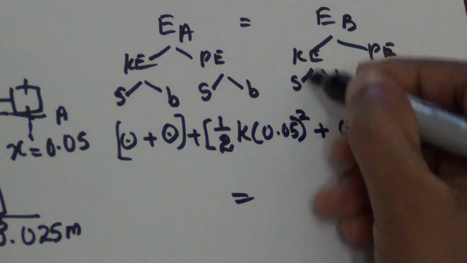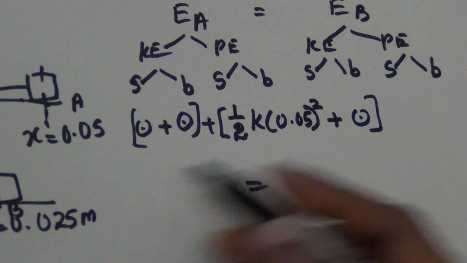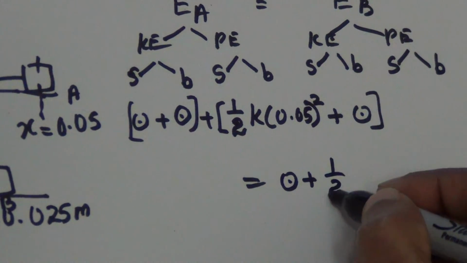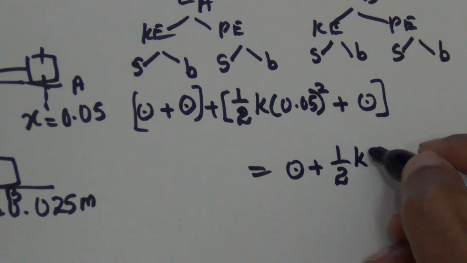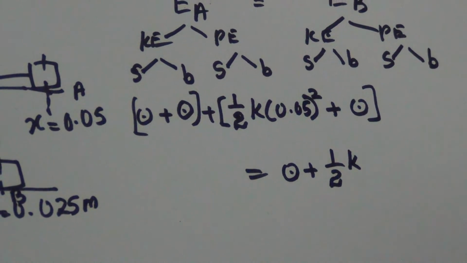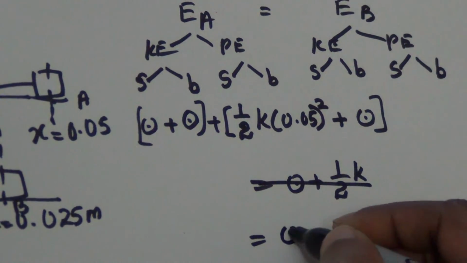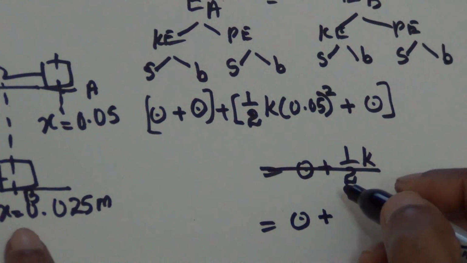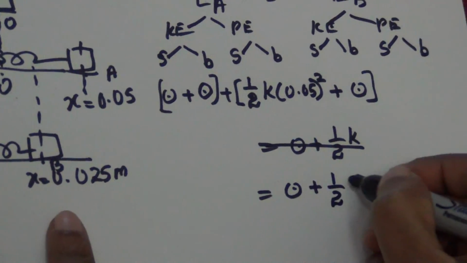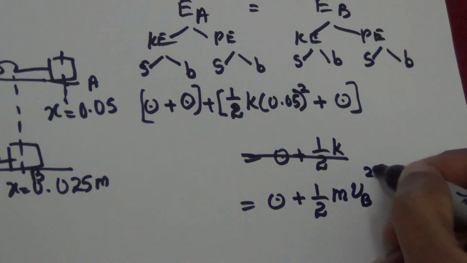Now let's write this part here. So at B, the kinetic energy of the spring is 0, but the kinetic energy of the block here is 1/2 m V_B squared, right?